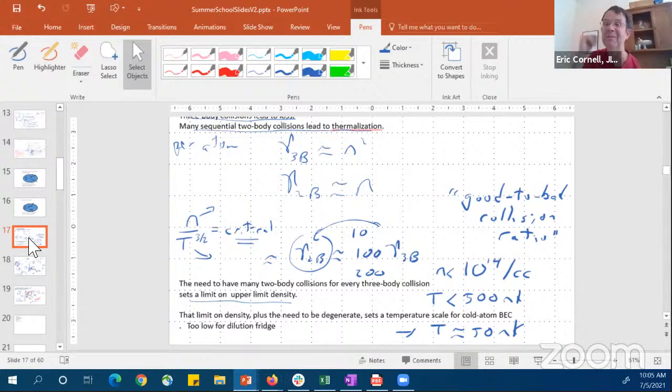What would be good to do with this? A lot of people, including myself and Carl Wieman and Dave Pritchard and Wolfgang Ketterle, many other people said, if we could use lasers to make things really cold, maybe we could break through this problem and get to low enough temperatures that we could work at low enough densities, that we could have a Bose-Einstein condensation, which would be stable long enough for us to look at it.